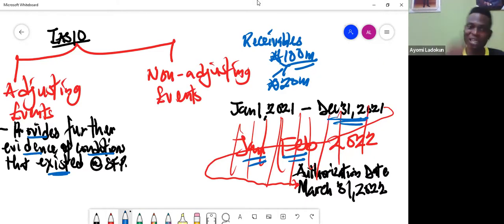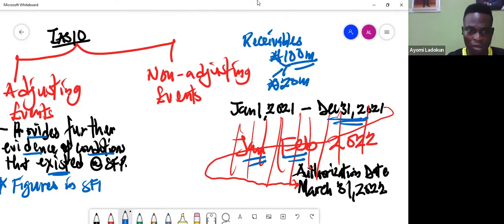So as such, that is an adjusting event. So what do you do? An adjusting event will require that figures in the financial statements be adjusted for. That's why they call it an adjusting event.